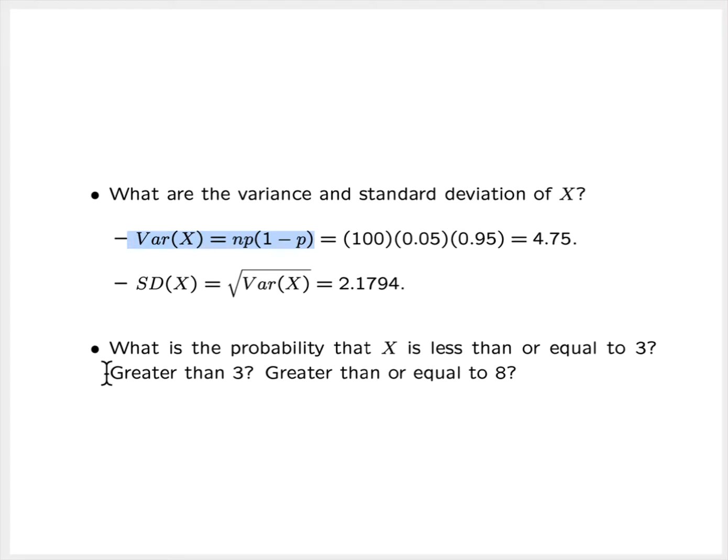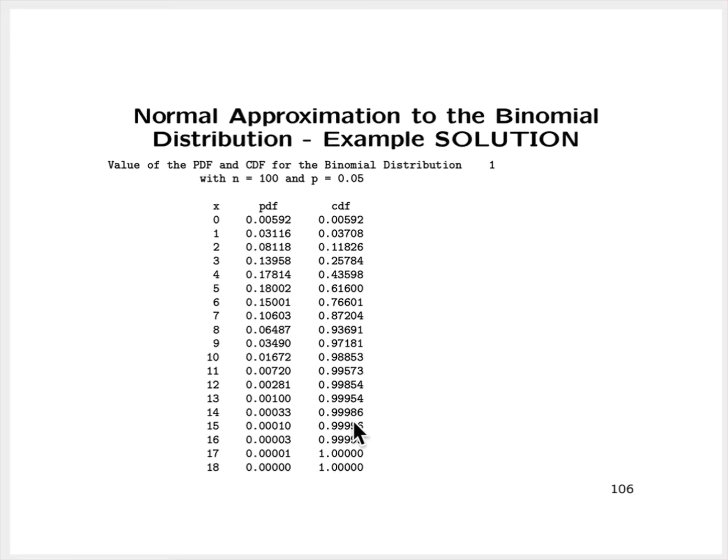Now, what is the probability that X is less than or equal to 3? What is the probability that X is greater than 3? What is the probability that X is greater than or equal to 8? So let's determine these probabilities. We're not going to calculate the exact values by evaluating the PMF and summing those values up.